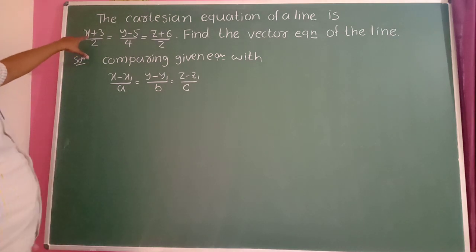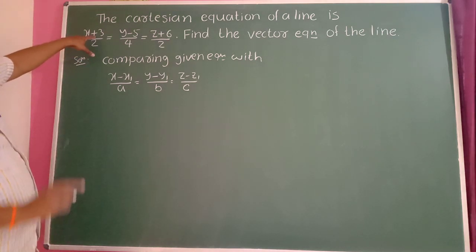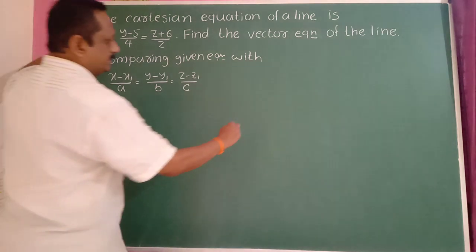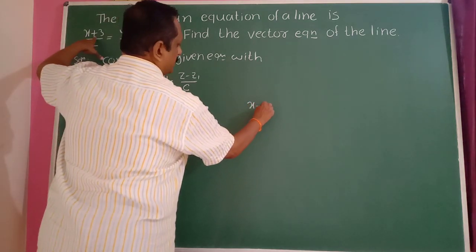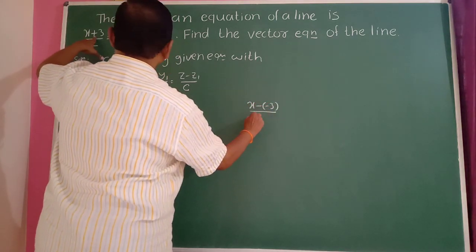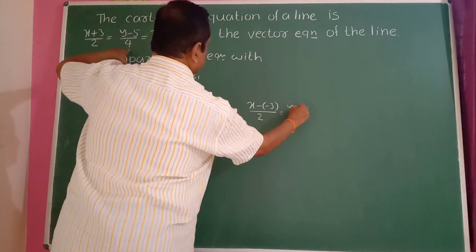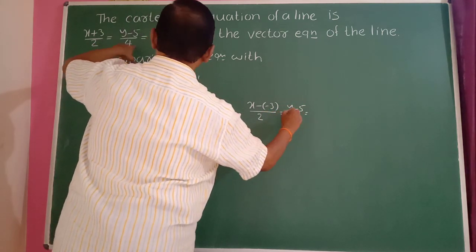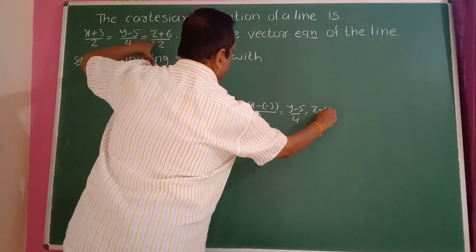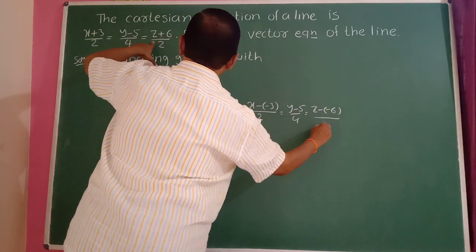Here x plus 3 is there, so you can write x minus of minus 3 divided by 2, and this is equal to y minus 5 divided by 4 is equal to z minus of minus 6 divided by 2.